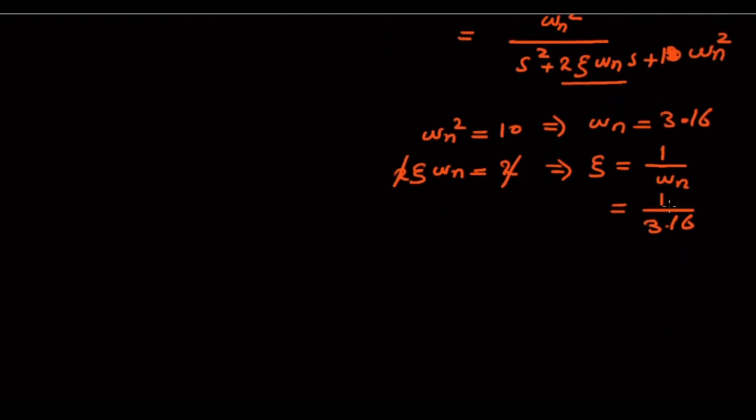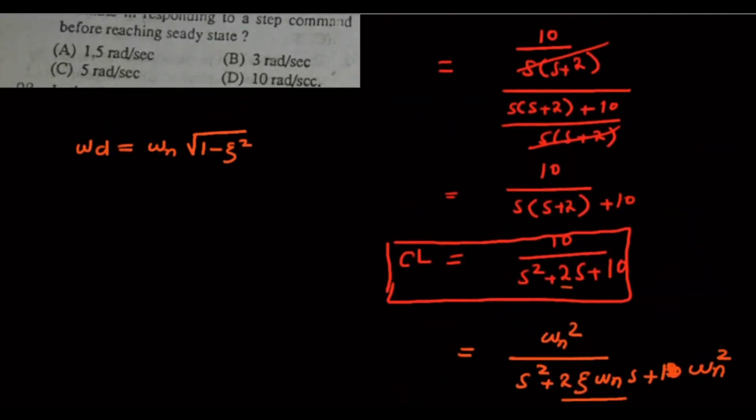Put the value of omega n here. The result of this is 0.316. Now let's put these values in this relation. Here omega n is 3.16 times square root of 1 minus zeta square, where the value of zeta is 0.316.